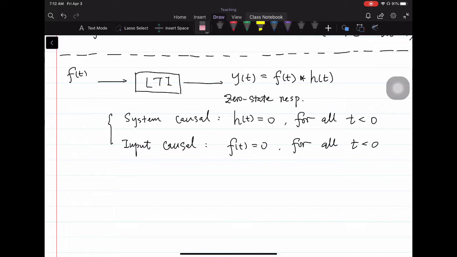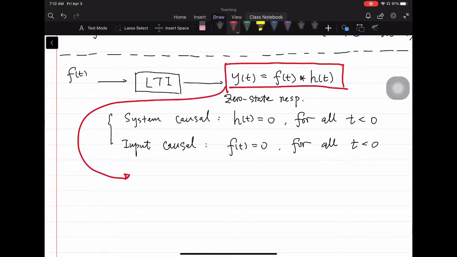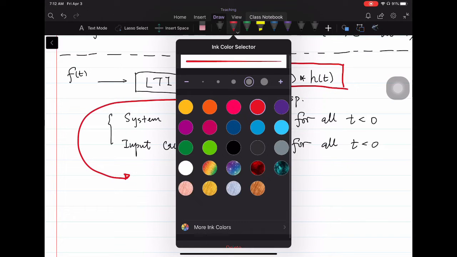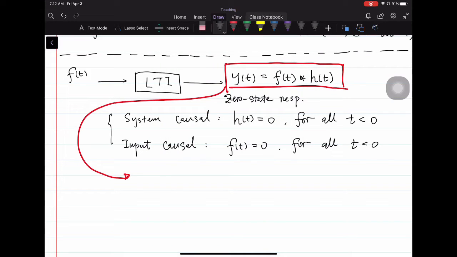Now, in chapter 4, we have obtained the following: the Fourier transform of the output is equal to the Fourier transform of the input signal times the frequency response function.